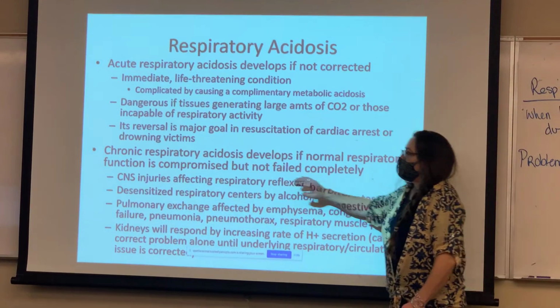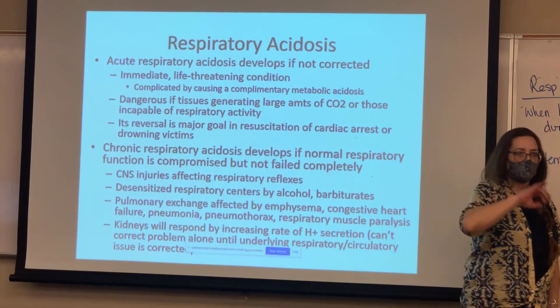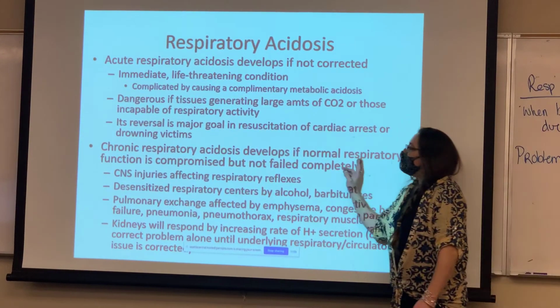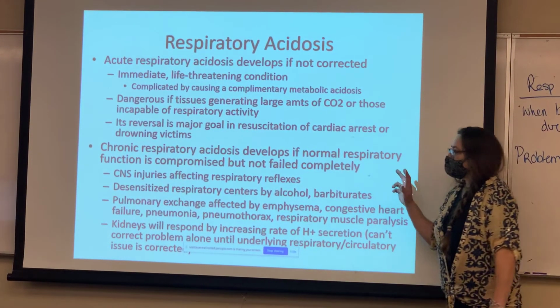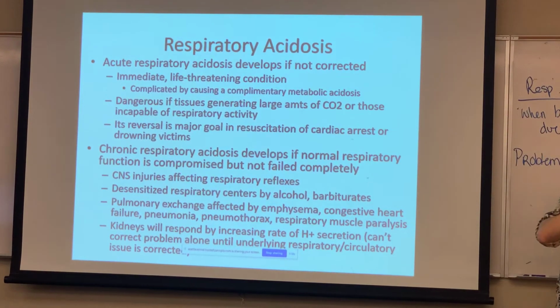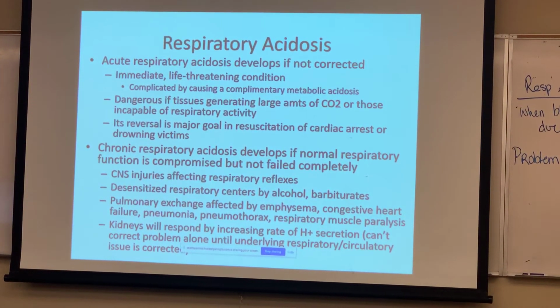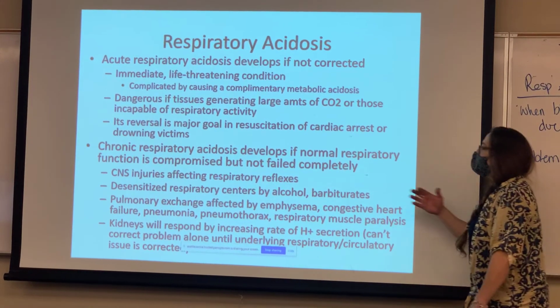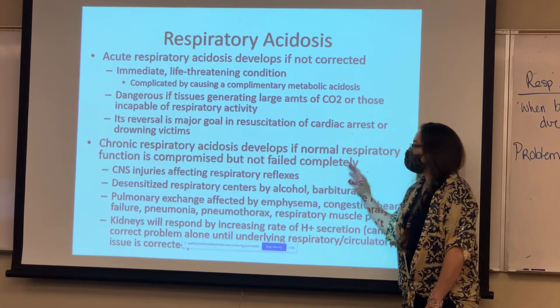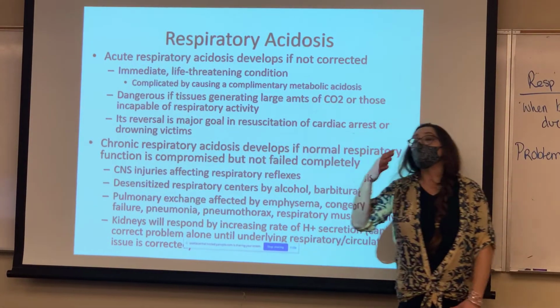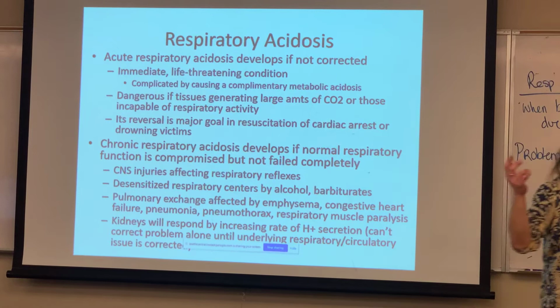You can have people with chronic respiratory acidosis. The way this would work is their normal respiratory activity is compromised, but it's still functional. It's not completely normally functional, but it works enough, okay? So this might be somebody that maybe just consumed a lot of alcohol, but they're not in an overdose situation.